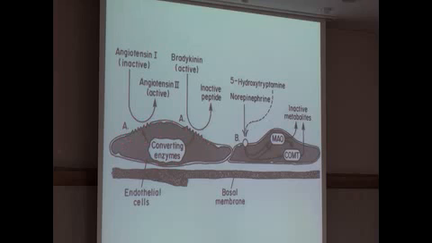And if you remember from the lectures on homeostasis, converting enzyme is the enzyme that transforms the inactive angiotensin 1 into the active angiotensin 2. You remember that? You remember that we discussed that? Yes, remember? You better. You have to remember those things. You know? Otherwise I get nervous.